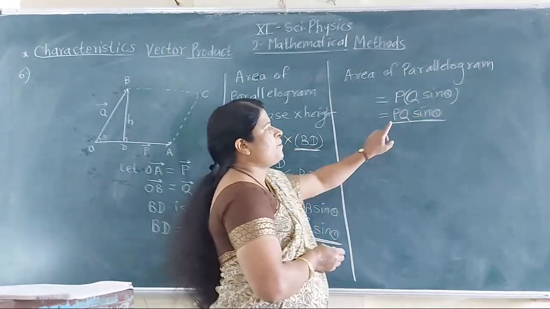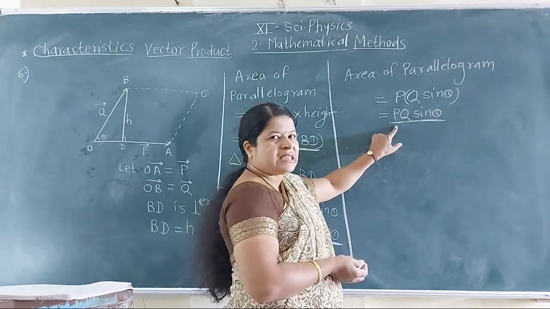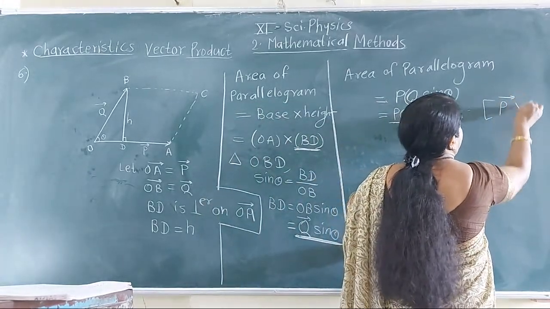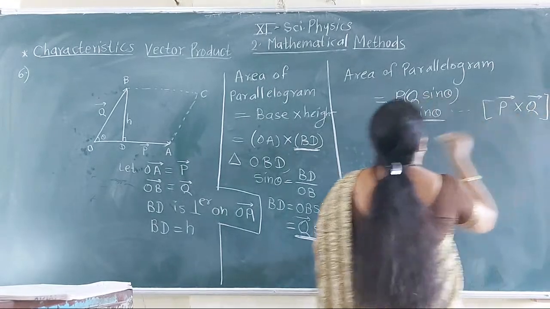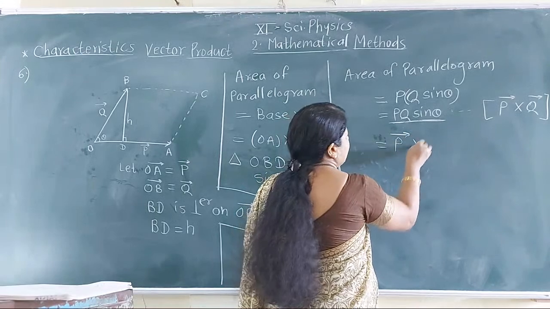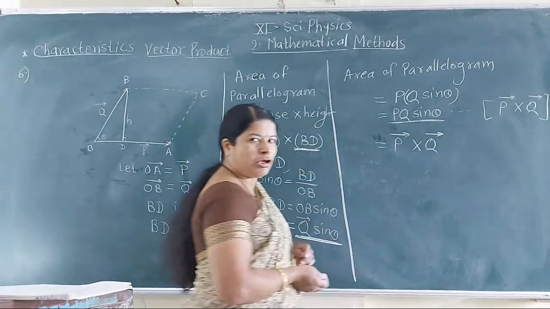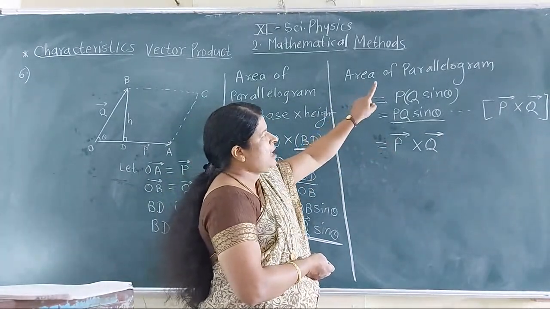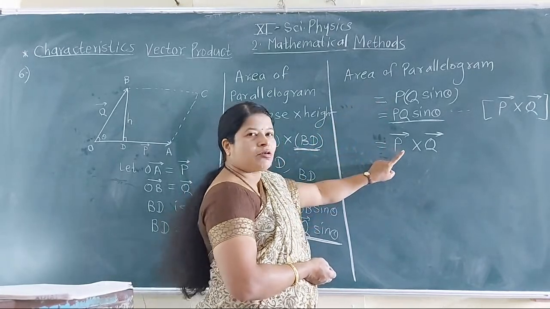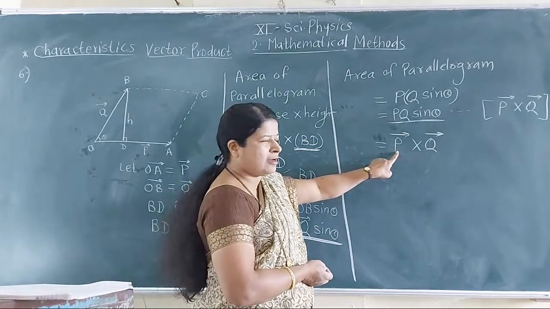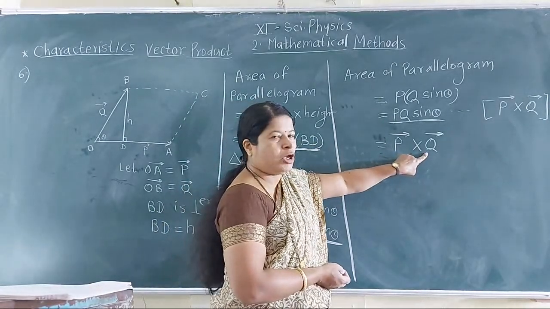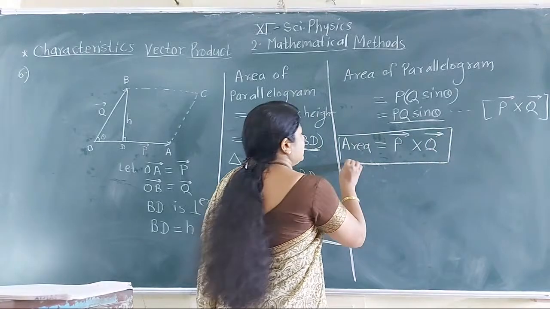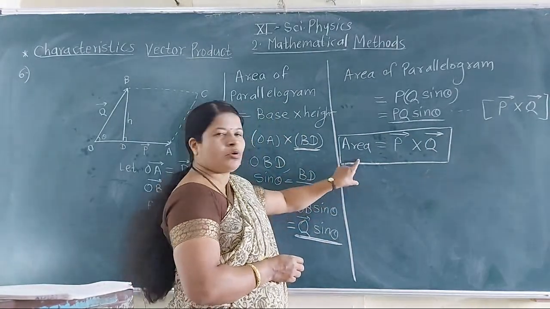And we know that this is the magnitude of the cross product of vector P and vector Q, and this is characteristic number 6, that we are going to show: area of parallelogram is equal to cross product of two vectors, vector P cross vector Q. This characteristic is separately asked in an exam for 2 marks.